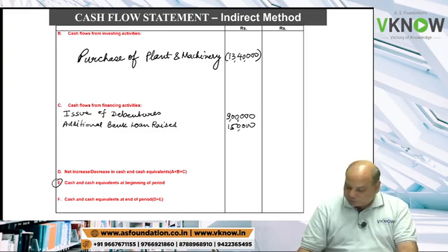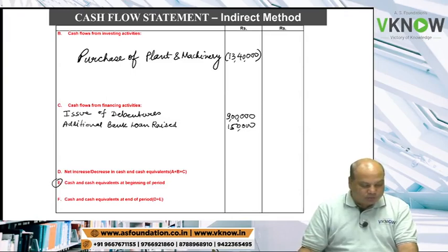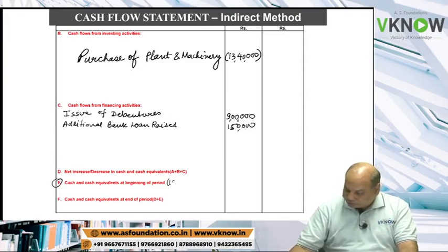So please come to point number E. Cash flow statement, point number E, you will write in bracket 15 lakh 20,000 cash, and below that marketable security 11 lakh 80,000.